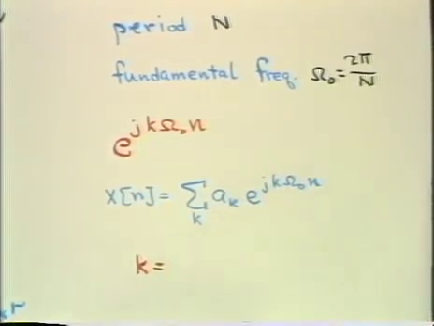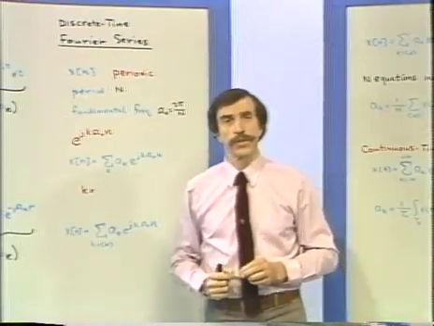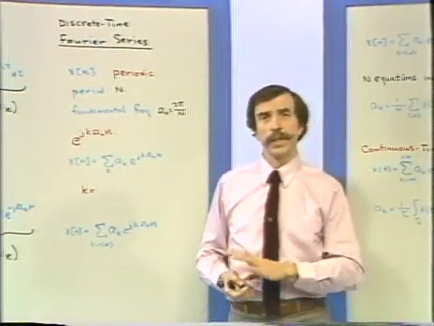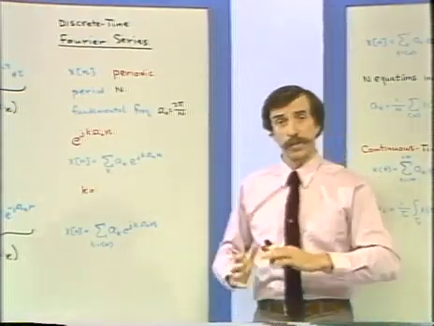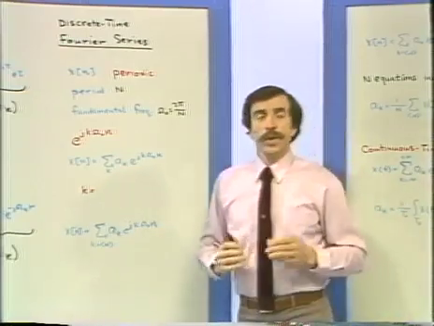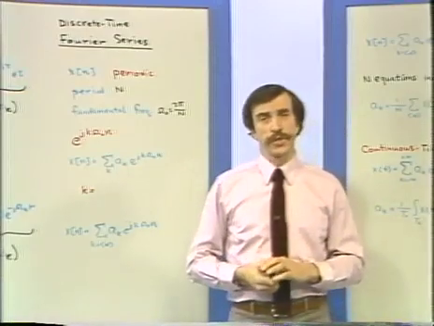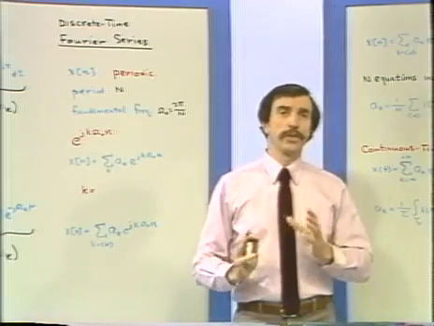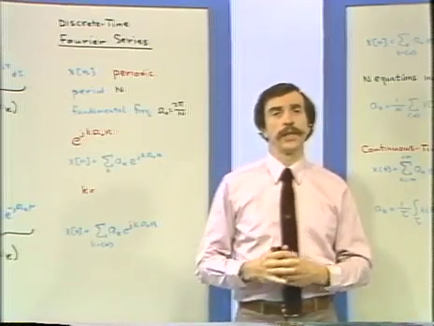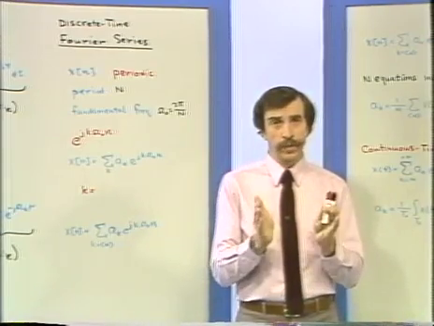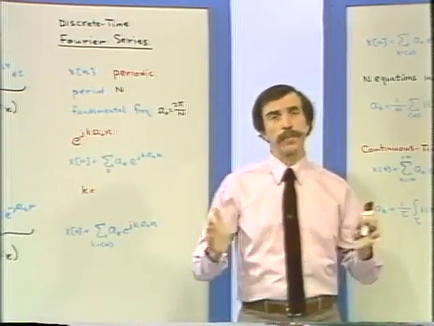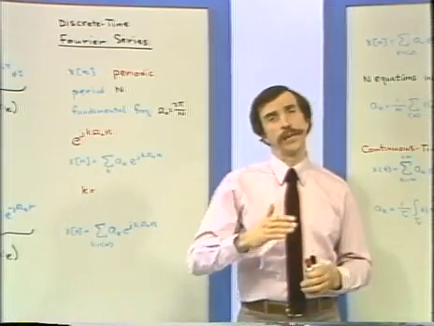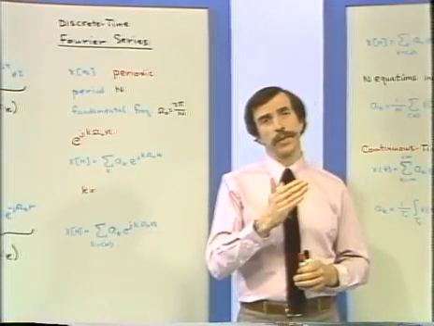However, before we do that, let me focus on an important distinction between continuous time and discrete time in the context of these complex exponentials and this representation. When we talked about complex exponentials and sinusoids early in the course, one of the differences that we saw is that in continuous time, as we vary the frequency variable omega, we see different complex exponentials. Whereas in discrete time, there was a periodicity.